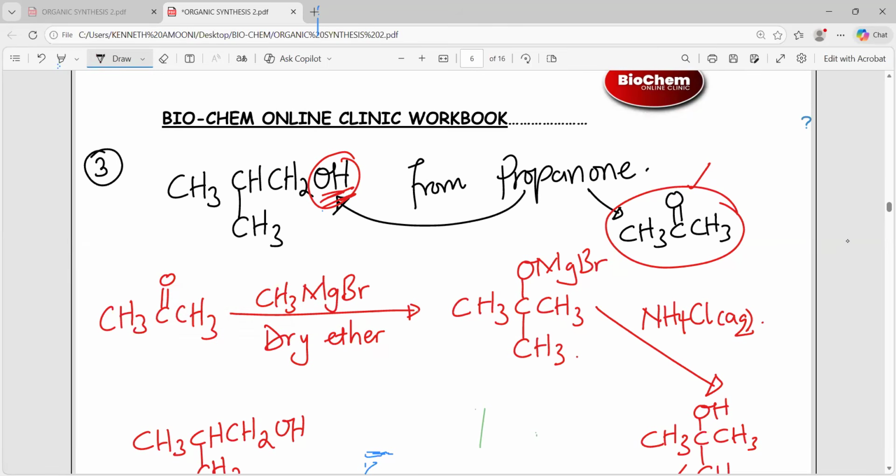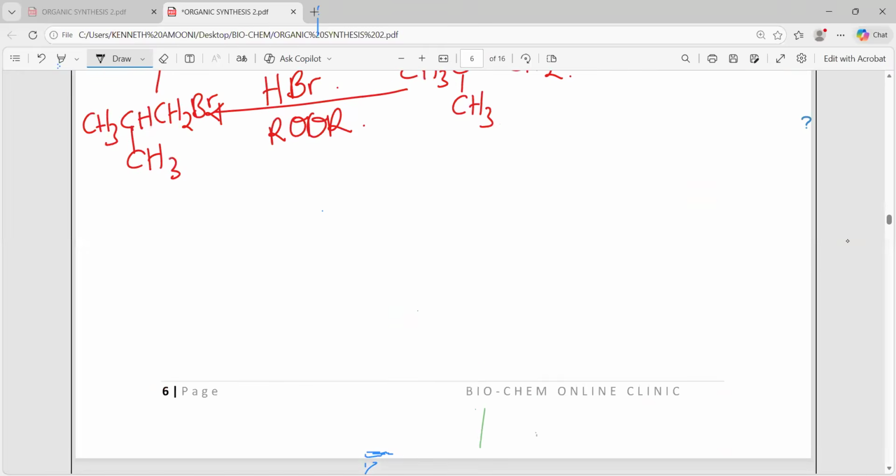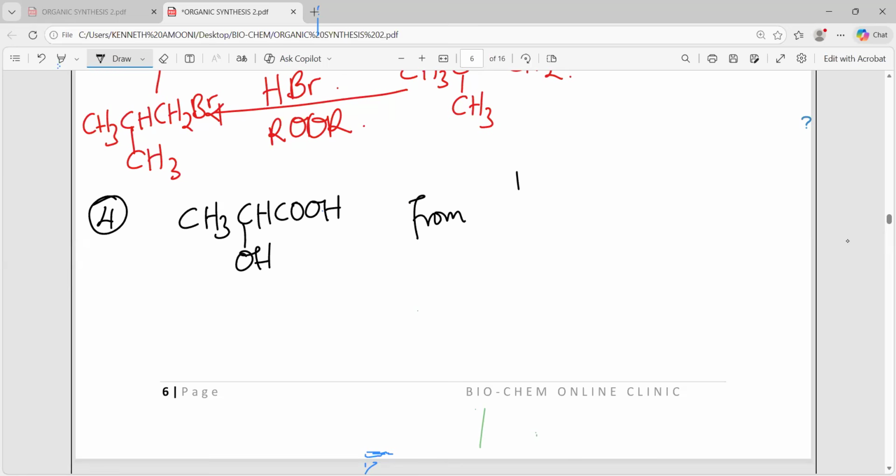We're now going to number 4. Number 4, we are synthesizing this compound, CH3, CH, COOH, then OH, but we are synthesizing it from butan-1-ol.